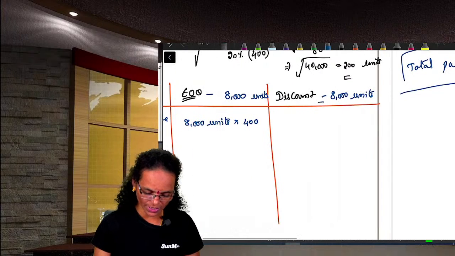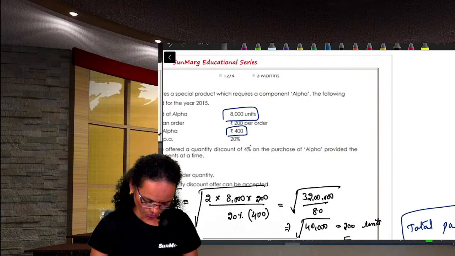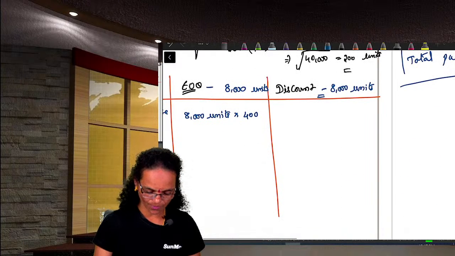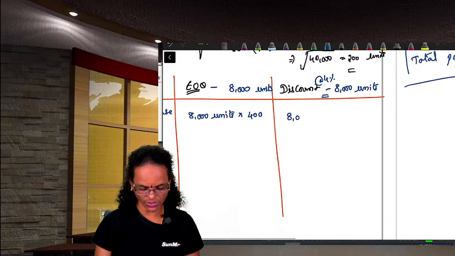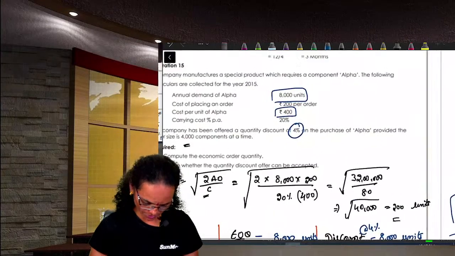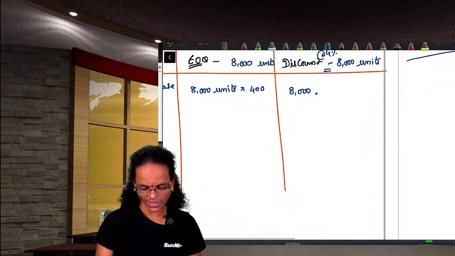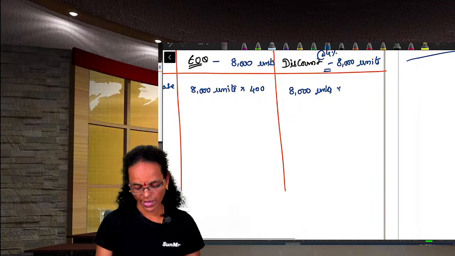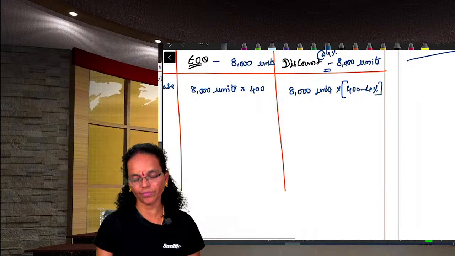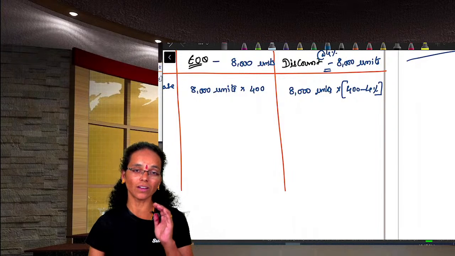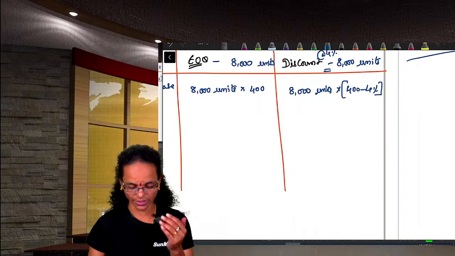When you are going under discount, what is the discount price given? 4%. Discount at 4%. So here also we are taking 8,000 units into 400 minus 4% when we are going for discount price.